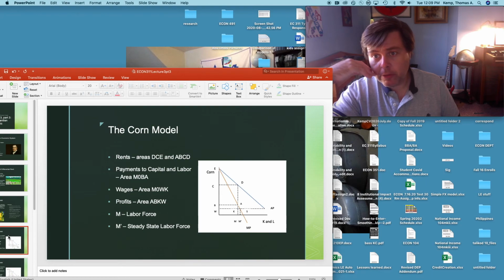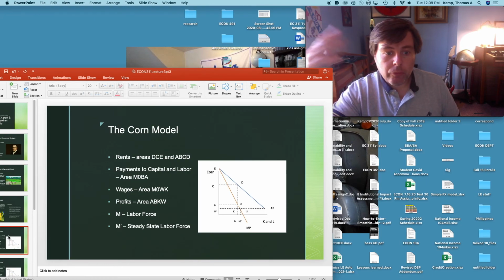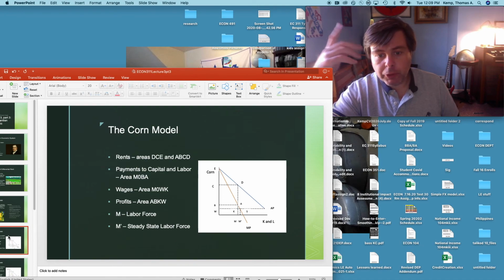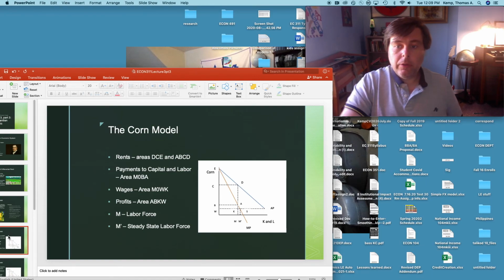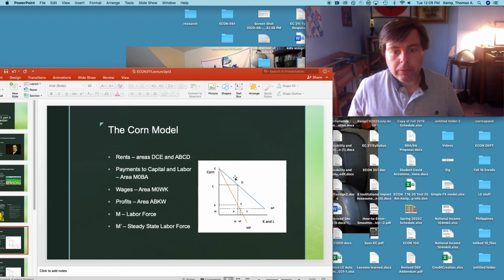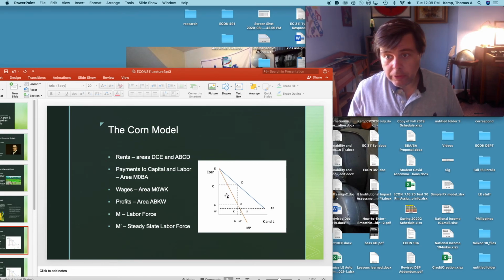And from here we can illustrate several things. First, rents are the sum of triangular area DCE and ABCD. So this triangular area here, as well as this rectangular area here, the sum of that is our rents.